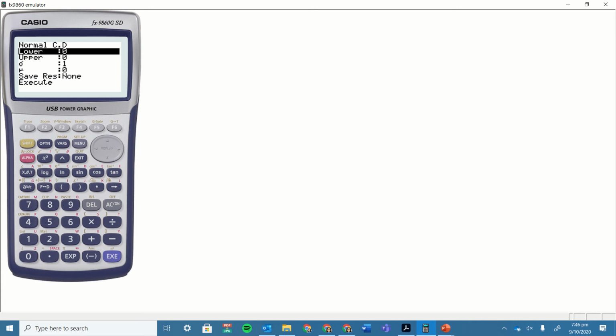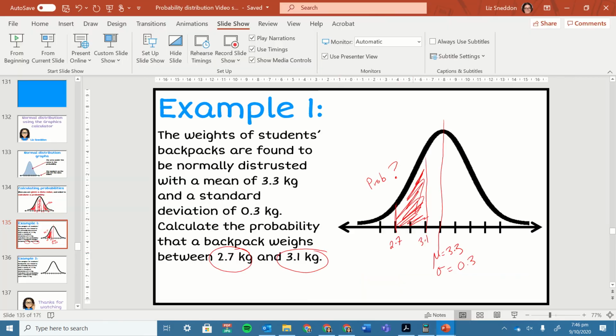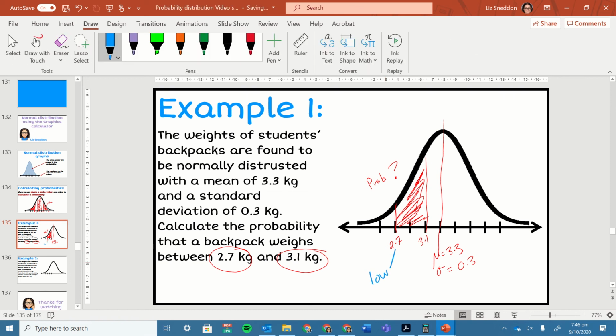So if I think about the graph that I've just drawn, this is where this is important. Let me jump back to there. In this graph, we want the probability between 2.7 and 3.1. So the 2.7 value is my lower value, and the 3.1 is my upper value.